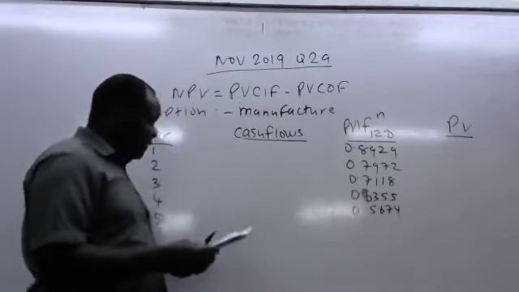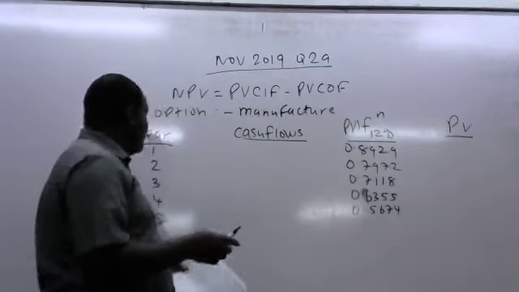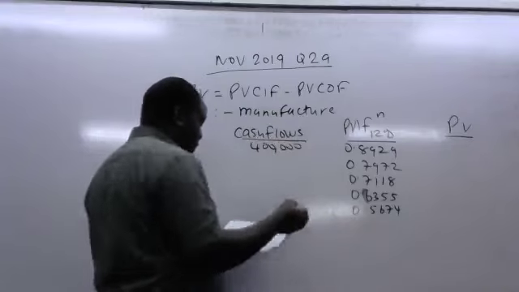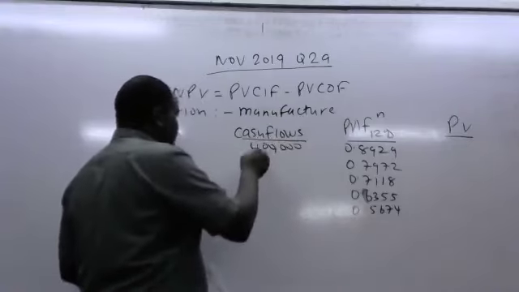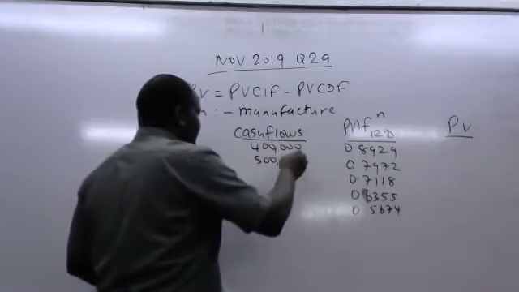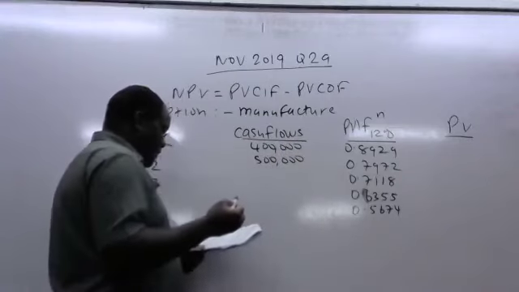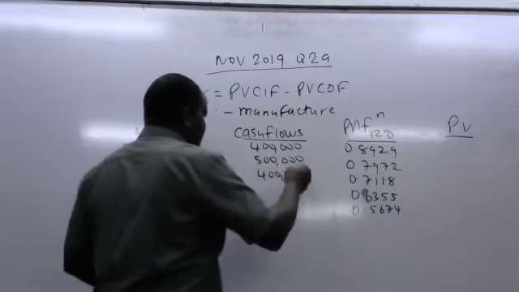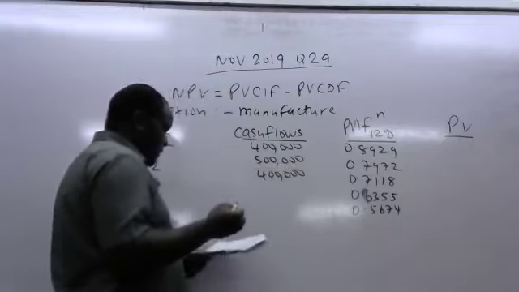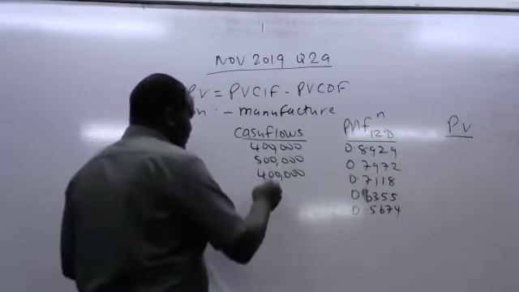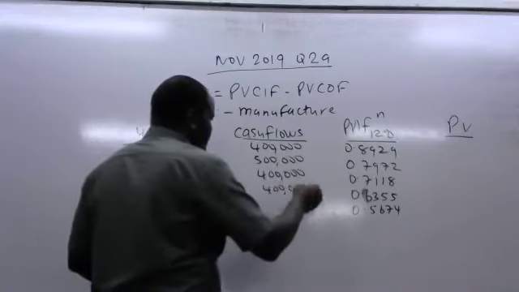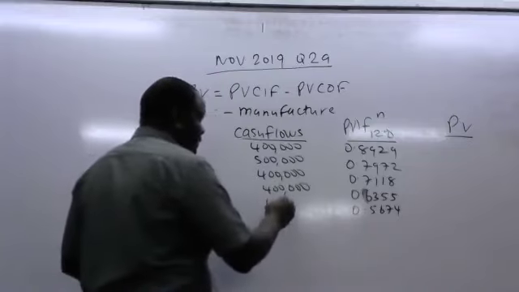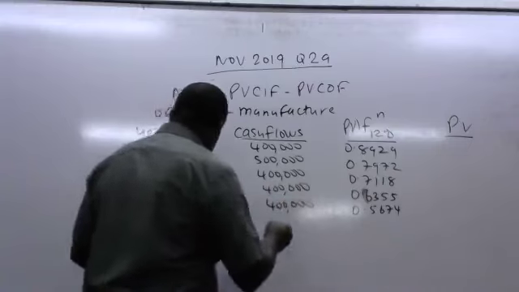So for manufacturer, it is for 6 years. Year 1, it's 400,000. Year 2, 100,000. Year 3, 400,000. Then also year 4, it is also 400,000. Year 5, also 400,000.